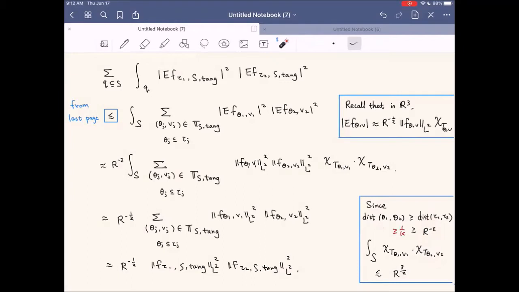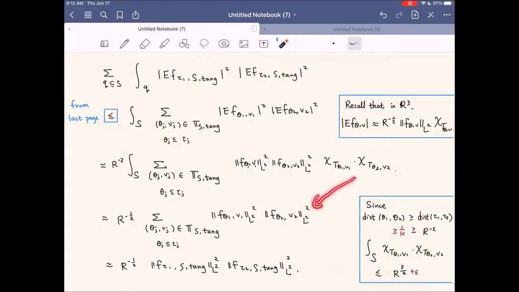So when we integrate on S, we have two tubes. They only intersect in a small cube, so this integration is bounded by the volume of the cube.